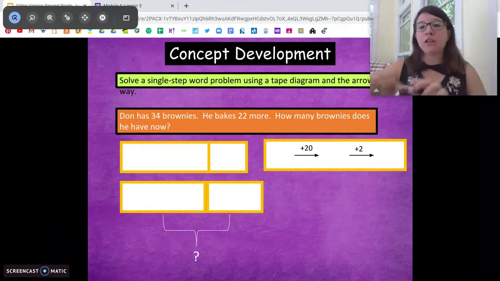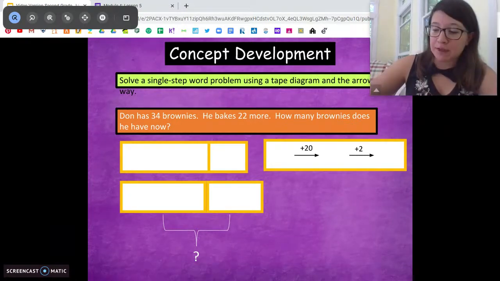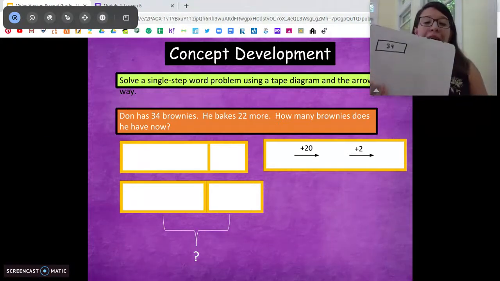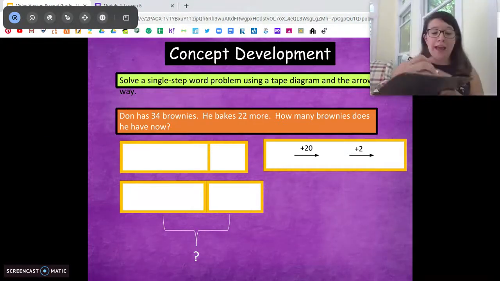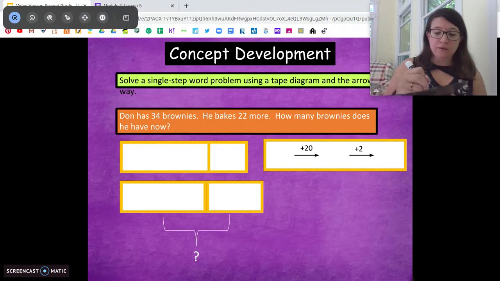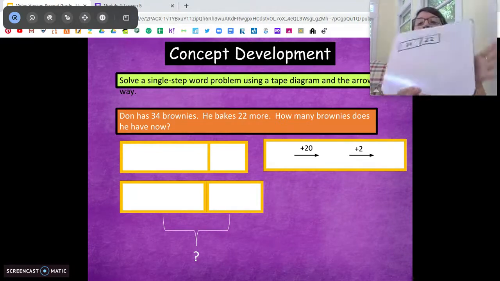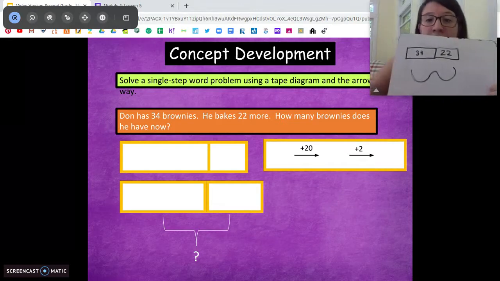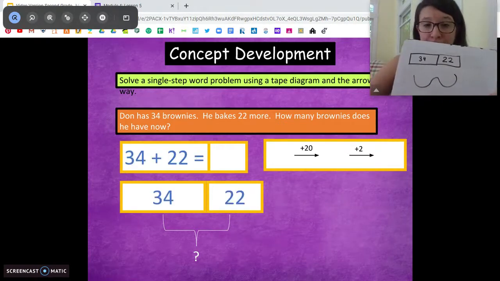Good. So on your paper, I want you to draw a tape diagram. Because we are adding, we're going to start with 34, and we're going to add on to that. We're going to add the 22 more onto that. So we need to find the total of 34 plus 22.